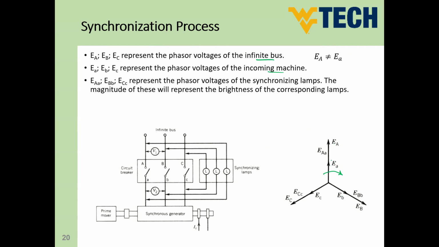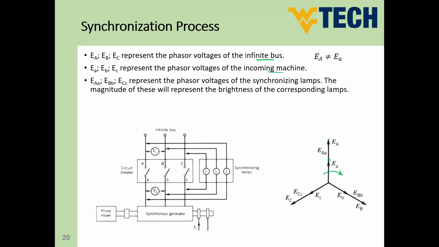But we only have a difference in the voltage magnitude. So this is little a, which is the generator, and this is capital A, which is the infinite bus. So the difference now is E capital A minus little a.